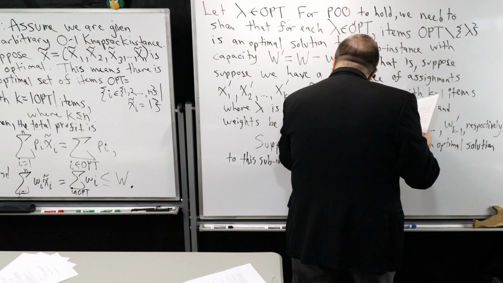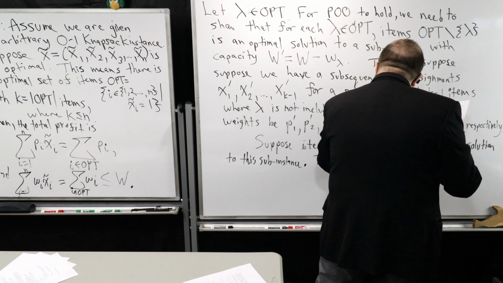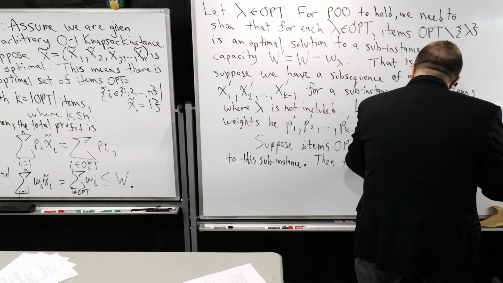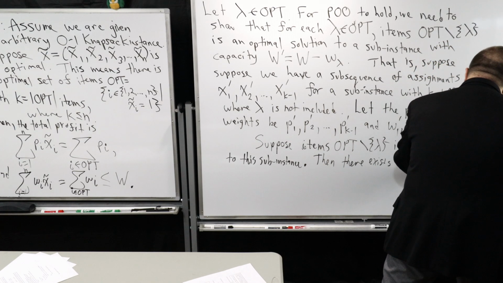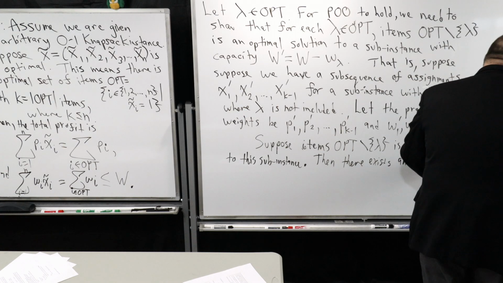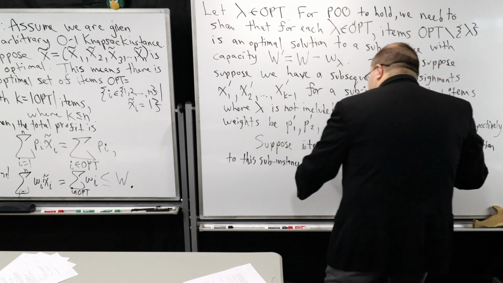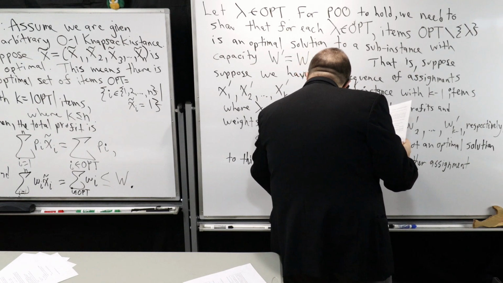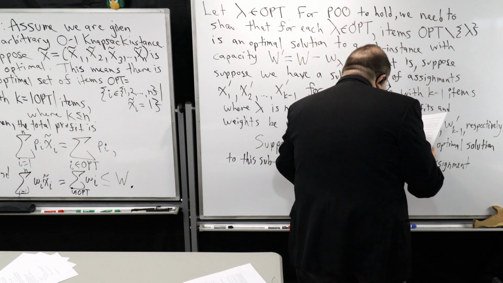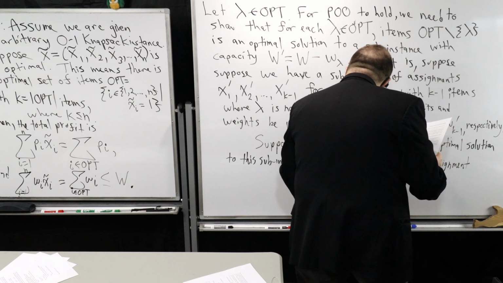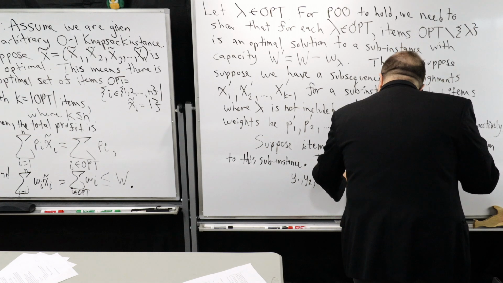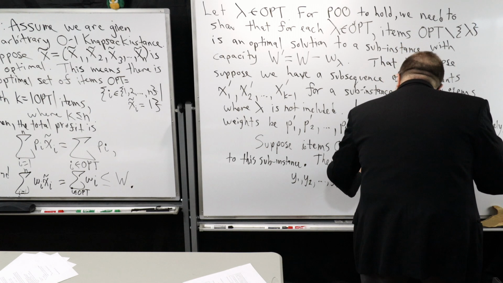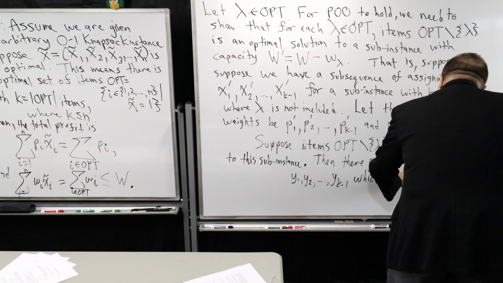Then there exists another assignment, where I'm going to give those names Y1, Y2, all the way up to Y K minus 1. So these are just names for K minus 1 assignments of items, which has larger profit.